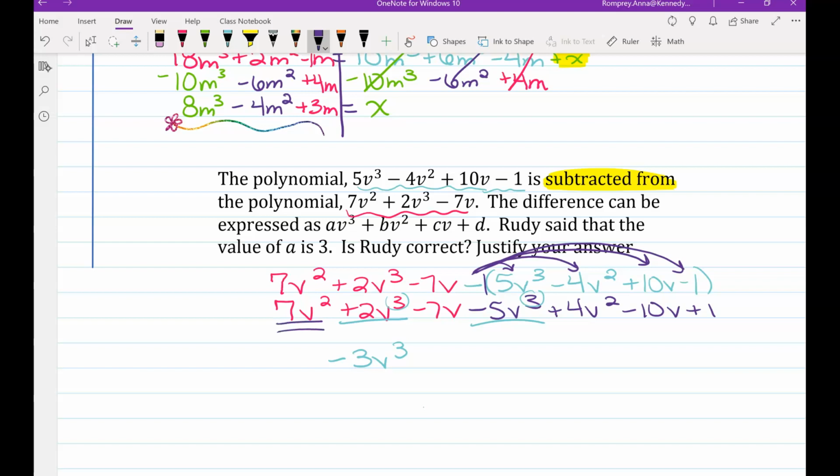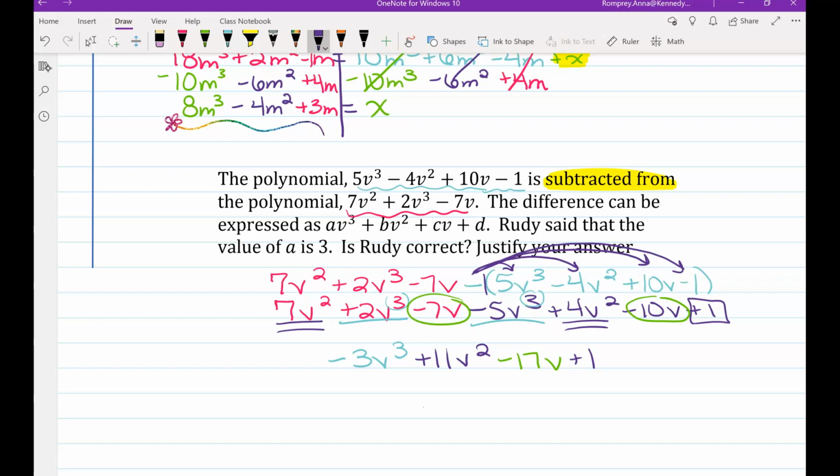So 7v squared, positive 4v squared, positive 11v squared, and our v's, negative 7v, negative 10v, so negative 17v, and then don't you forget about our little bitty positive 1 all by its lonesome at the end, so plus 1.